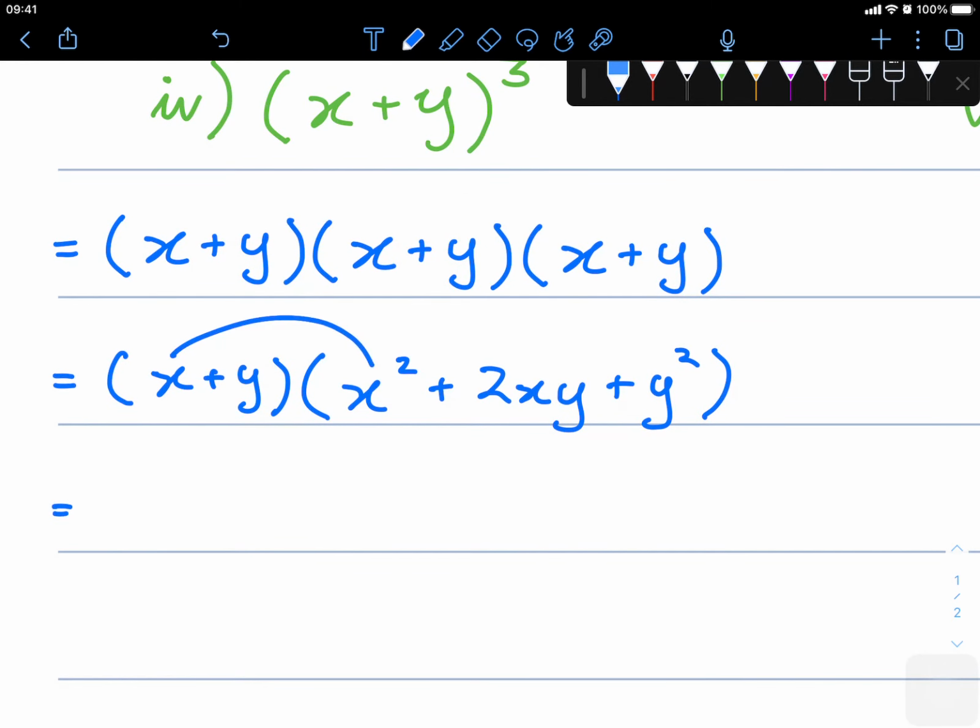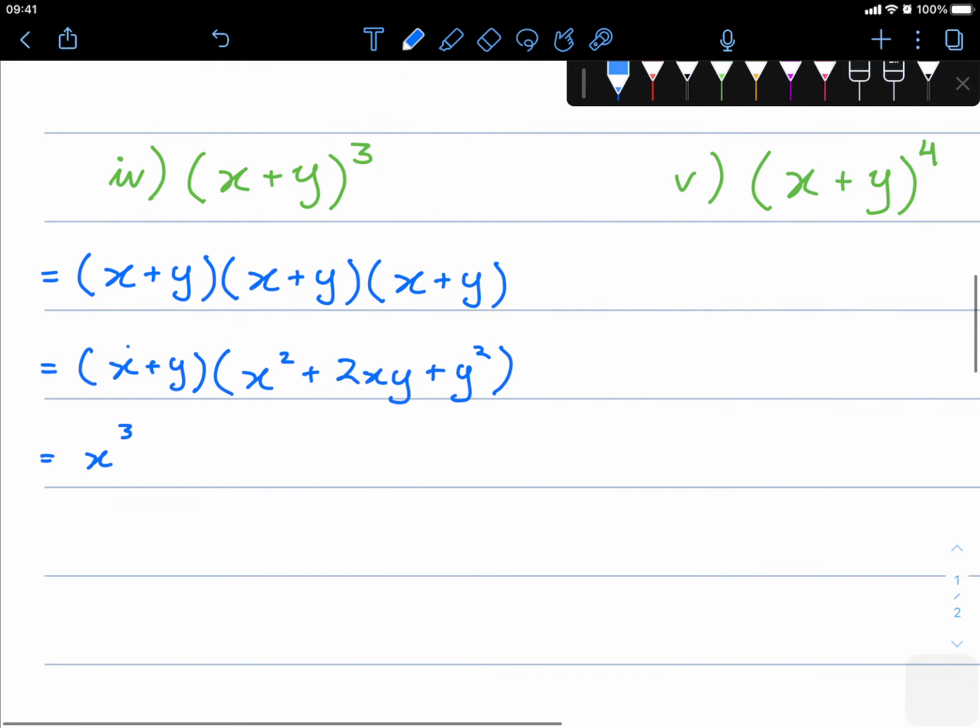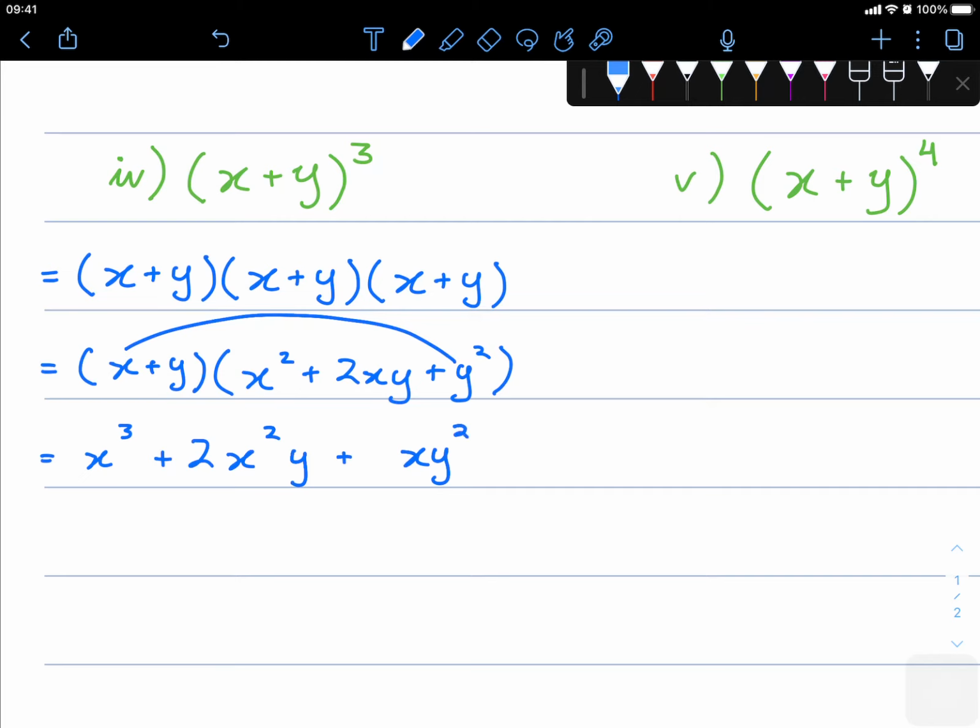X times x squared is x cubed. X times 2xy, that's going to become plus 2x squared y. X times y squared is going to become xy squared. And we're finished with that expansion. Let's now move on to the y multiplication. Y times x squared.